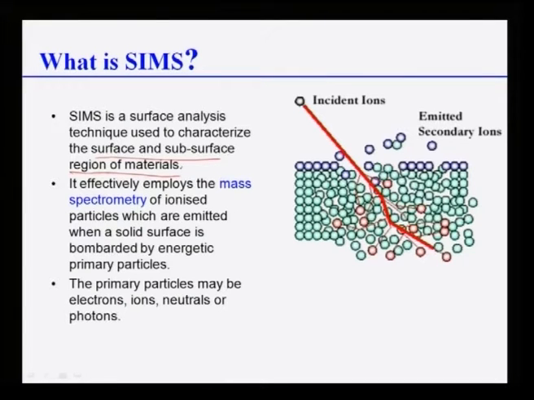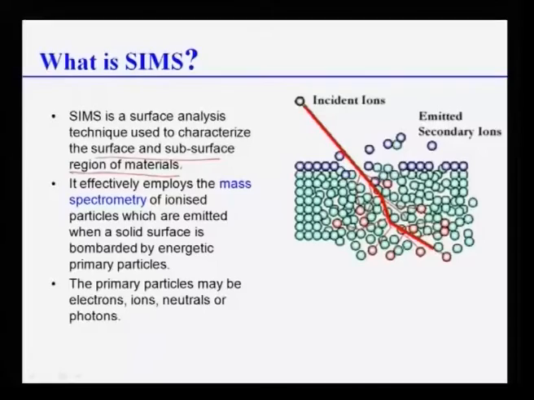They are accelerated with certain kinetic energies and then allowed to fall on the surface of a sample or target, and once they arrive, they create a cascade of events in which secondary ions are emitted from the sample.